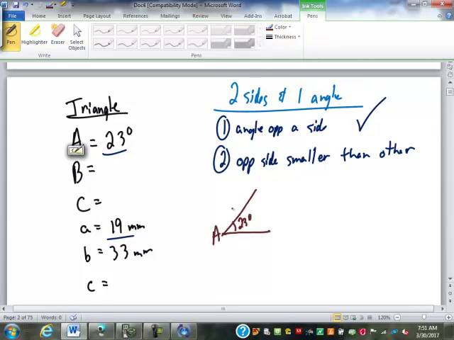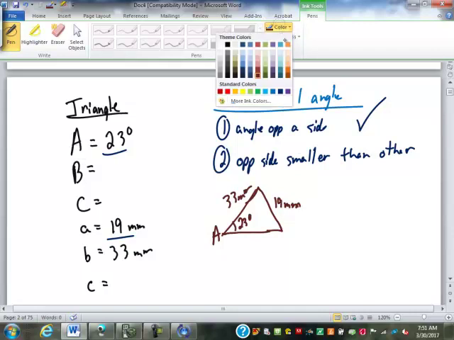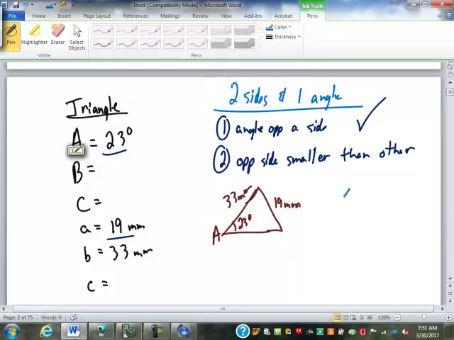That's A. This is my side B here of 33 millimeters. And this is my 19 millimeters here for side A. Or that triangle could look like this, where this is the 23 degrees, this is the 33 millimeters, and the 19 millimeters folds back in like this.